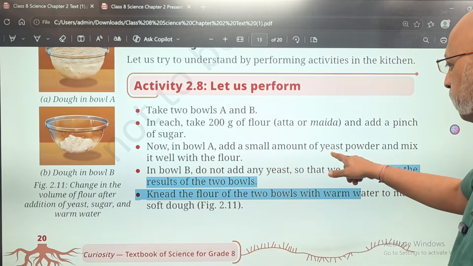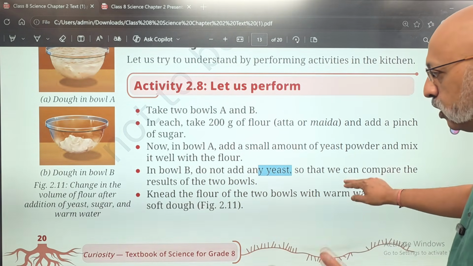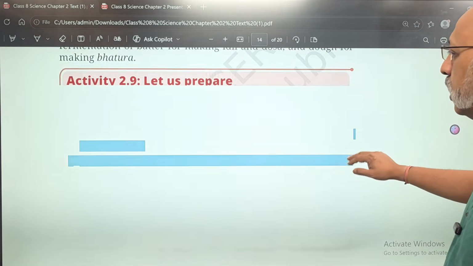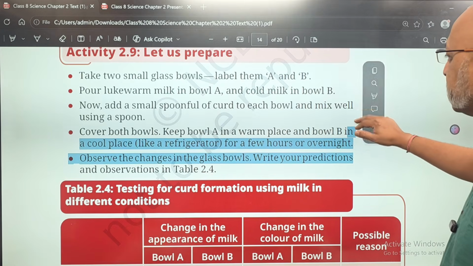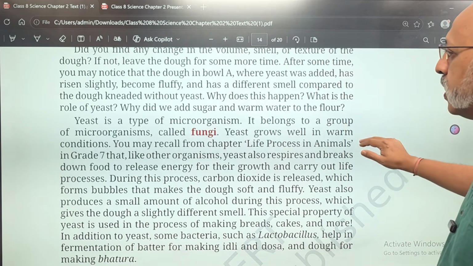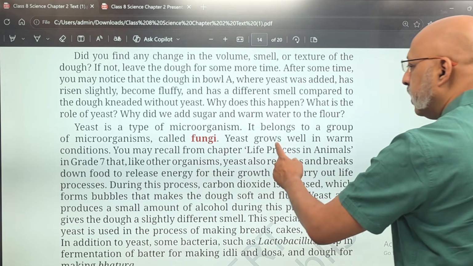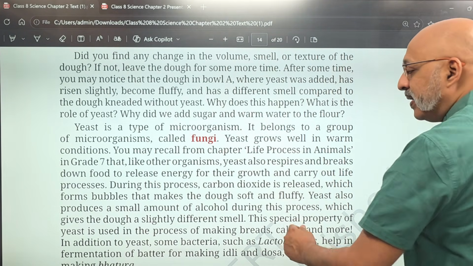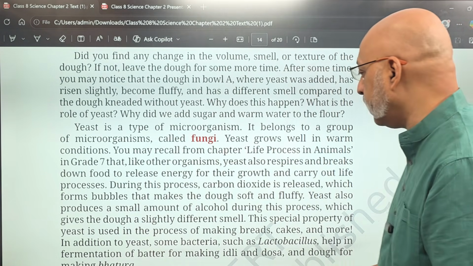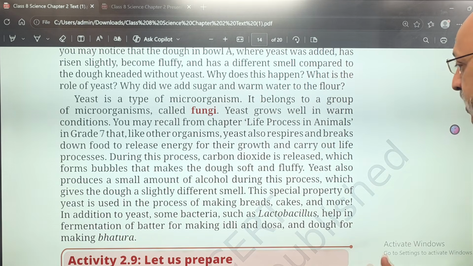In one you mix an amount of yeast, in the other one you don't mix any yeast, and then you mix the dough and put it inside a bowl. Yeast is a form of microorganism. It belongs to the fungus family. It grows, and the one which has the yeast is the one which will perform better, as opposed to the one which does not have the yeast.